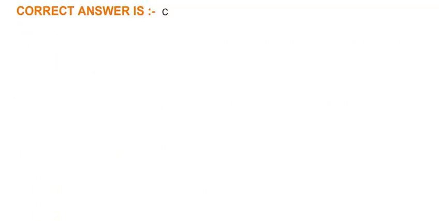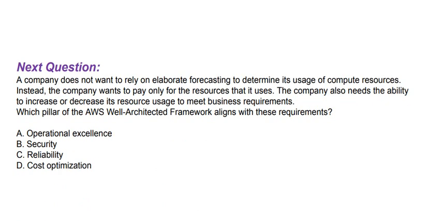Next question is, a company does not want to rely on elaborate forecasting to determine its usage of compute resources. Instead, the company wants to pay only for the resources that it uses. The company also needs the ability to increase or decrease its resource usage to meet business requirements.